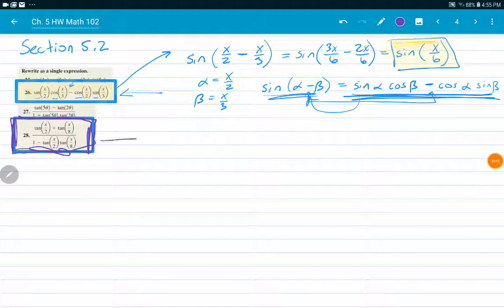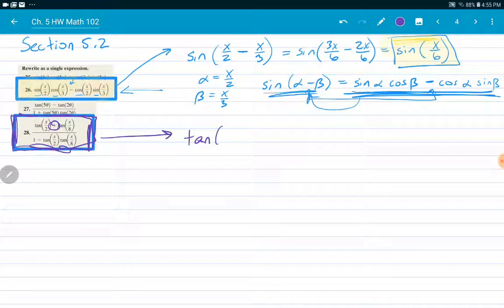This is the expanded form for tangent. And with tangent, we use the same sign as is in the numerator. So that's tangent of alpha plus beta, where alpha is x over 2 and beta is x over 8. So we have the same sign in the numerator and the opposite sign in the denominator.